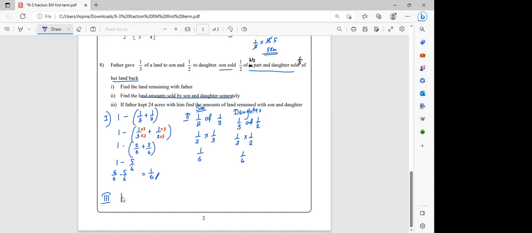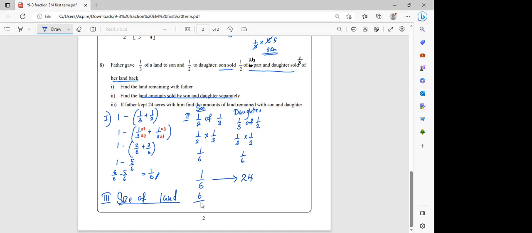Find the size of the land. It can be found like this. 1/6 is equivalent to 24 acres.